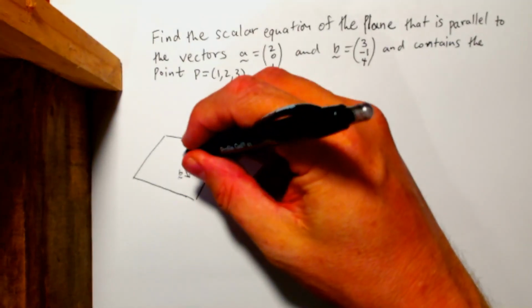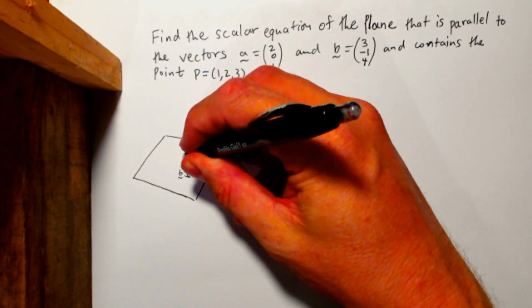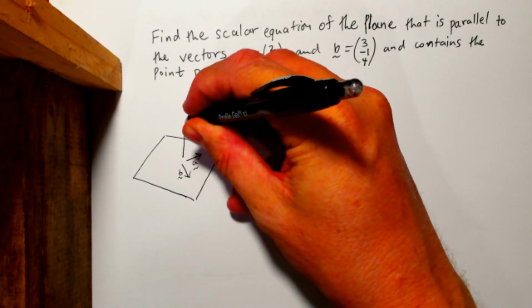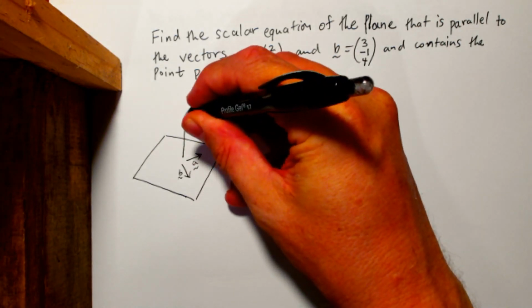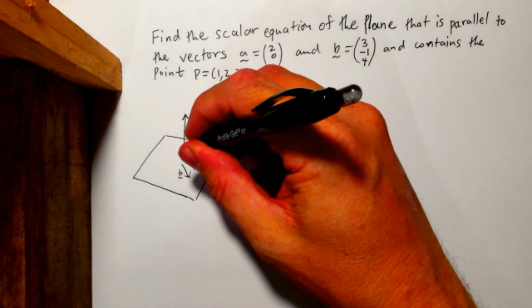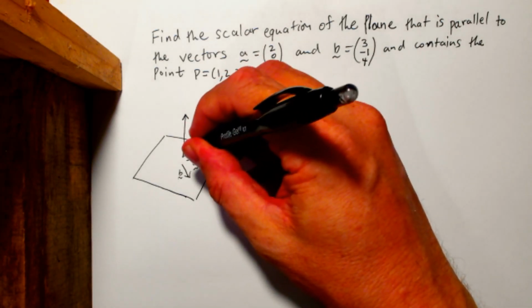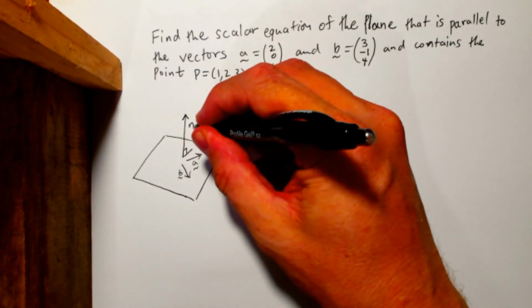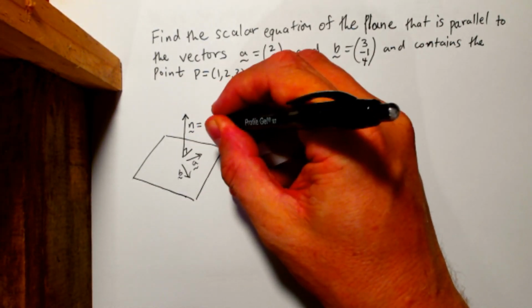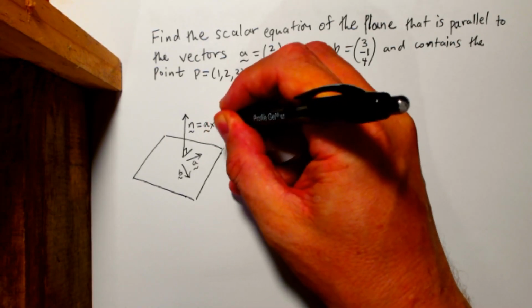Okay, and then let's draw a vector that is perpendicular to both A and B, and therefore perpendicular to the plane. And let's call that N for normal vector, but we can calculate it via the cross product.